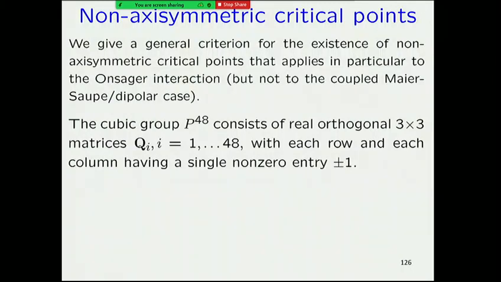It consists of real 3x3 orthogonal matrices, with each row and each column having a single non-zero entry, plus or minus 1. So these are the orthogonal matrices that map a cube to itself. Okay, so you put the cube in standard position, and you see that the matrices that map the cube to itself have this form, and there's 48 of them.